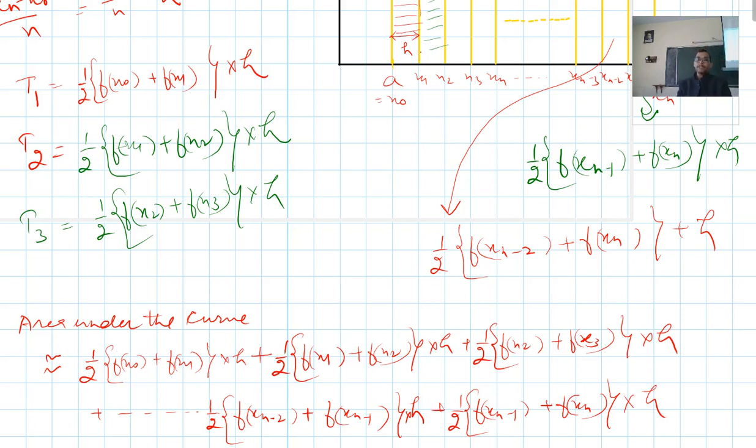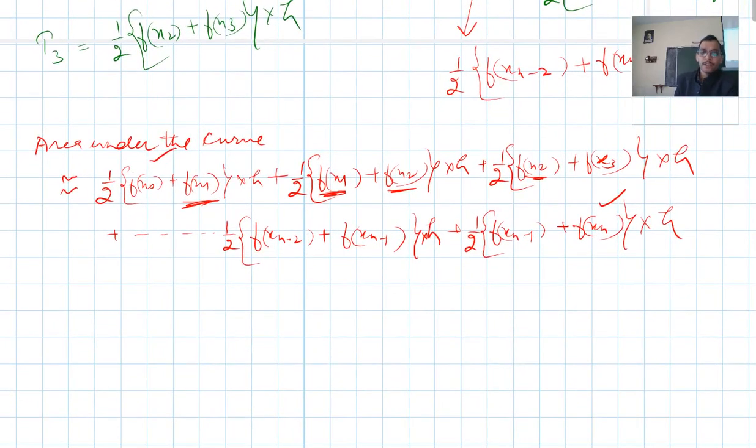What will happen? These terms are repeating, but the first and last are not repeating. And h and 1 by 2 are common.